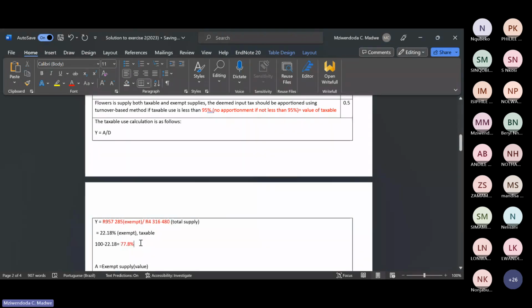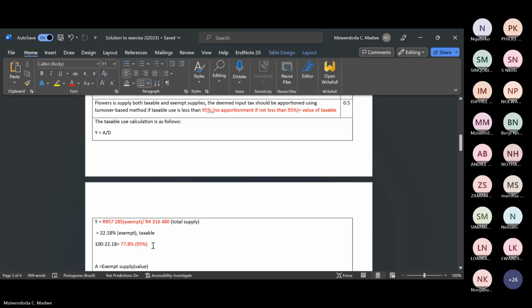Remember, here you have to compare this one with 95%. Ask yourself now, is 78% above or less than 95%?